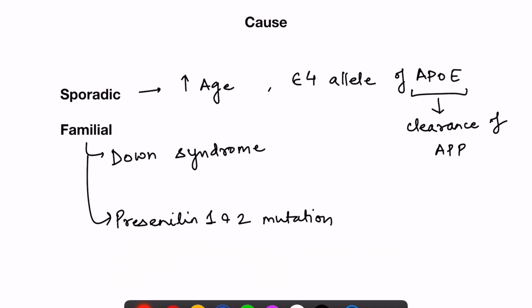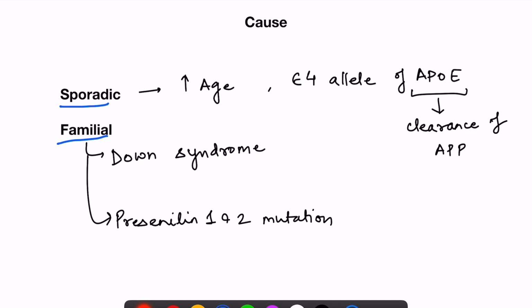Now, what are the risk factors or what are the causes for this Alzheimer disease? This Alzheimer disease can be sporadic or familial. Sporadic means that with increasing age, we see increasing incidence of Alzheimer disease.